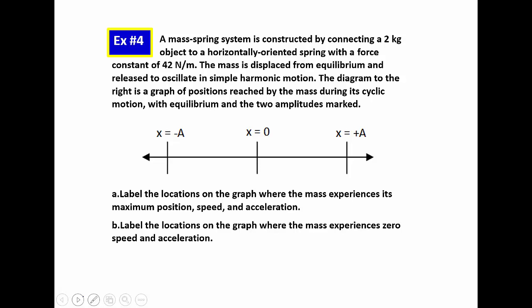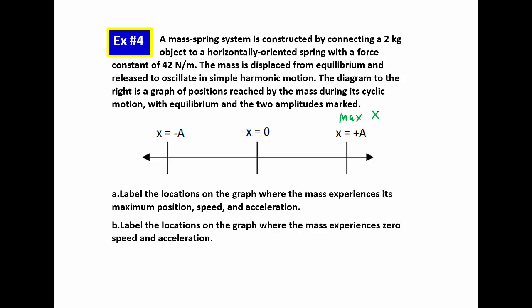Take a moment to check your understanding, pause the video, and here we go. We're going to come back now. Let's start with the max values. The maximum position is going to occur when we are the farthest away. When we've pulled back the spring to its amplitude, then the spring is at its maximum position.